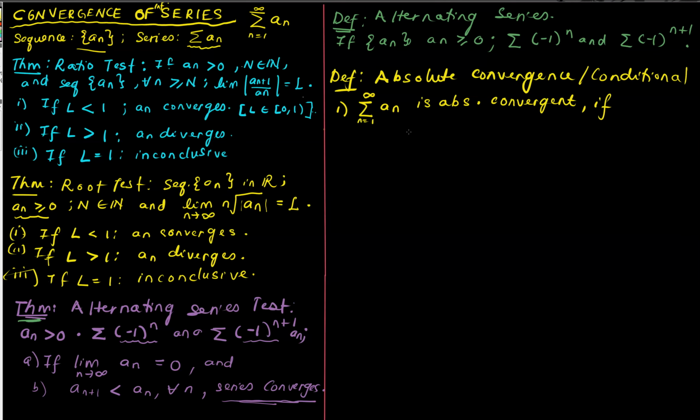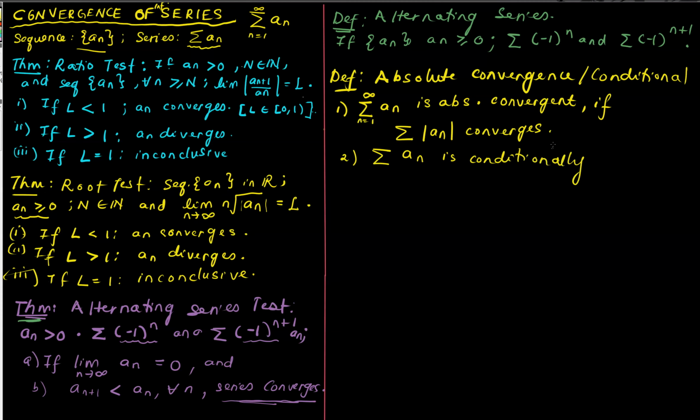We'll say that the series is absolutely convergent if the series of absolute values, the summation of the absolute value of a sub n, which is also an infinite series, converges. In other words, if the absolute value series converges, the series itself is convergent. Then the next one: a sub n is conditionally convergent, so you have a condition where it's convergent.